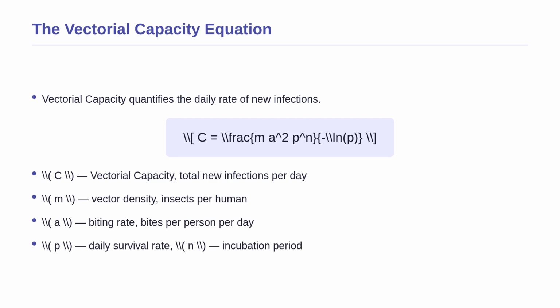The variable a represents the biting rate, which reflects the insect's behavioral adaptations. Notice that a is squared, meaning any increase in biting has a massive exponential effect. The variable p is the daily survival rate, reflecting physiological adaptations, and n is the incubation period of the pathogen. The denominator uses the natural logarithm of p to represent the expected lifespan of the mosquito.